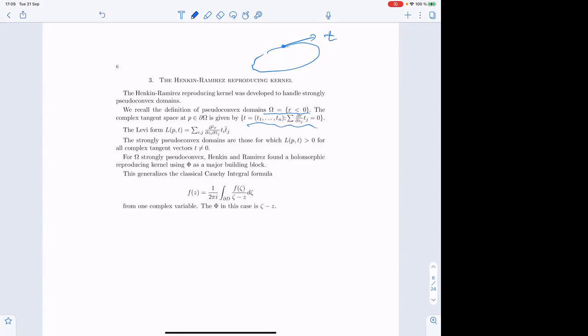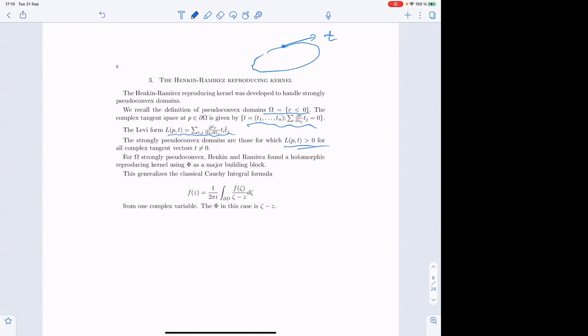And the Levi form is something looking like a real Hessian, and it calculates the second derivatives in the direction of this tangent direction. And the strongly pseudoconvex domains that Henkin and Ramirez were working on were the ones where this Levi form is strictly positive.